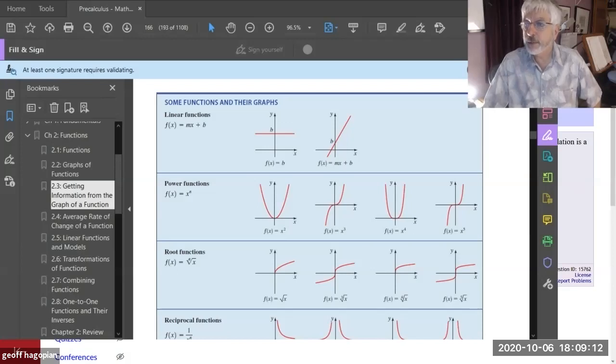Cubed and the fifth power look kind of similar, but again, the fifth power is more extreme, flatter where it passes through the origin and steeper on the sides. Those are your power functions, and they continue on in that fashion, right? X to the sixth is even more extreme than x to the fourth, flatter and steeper. And x to the seventh looks a lot like this.